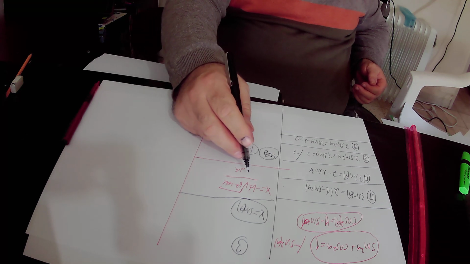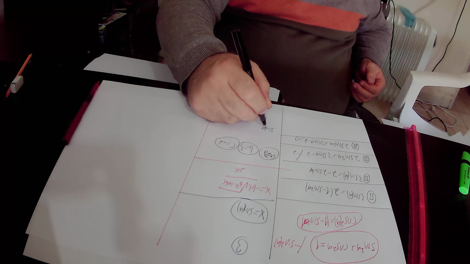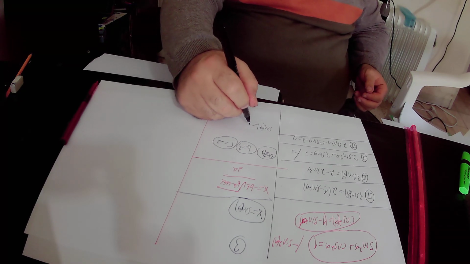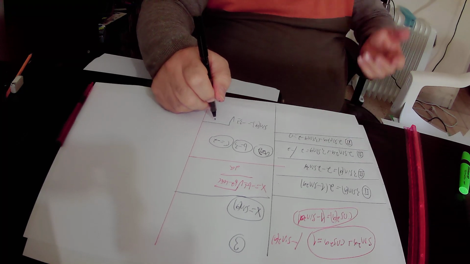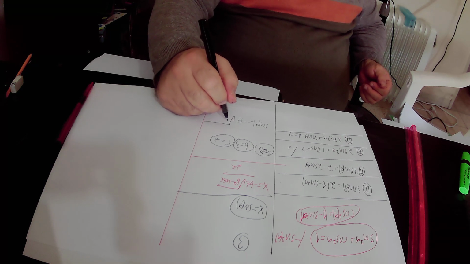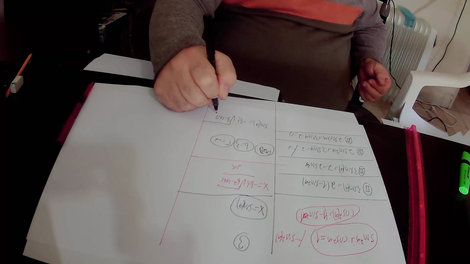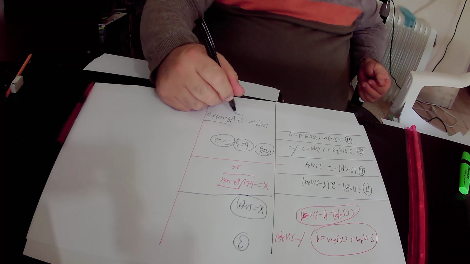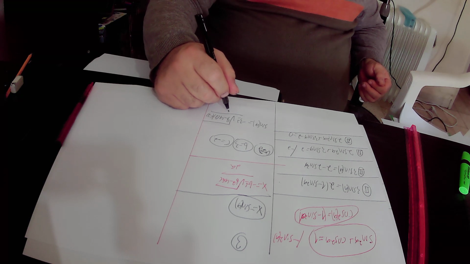So we'll put the data inside this formula, and we get that sine alpha equals minus b. b equals 3, so minus b is minus 3, plus minus square root of b squared. b is 3, so b squared is 3 squared, that is 9. Minus 4 times a is 2, so minus 4 times 2, times c is minus 2, over 2a. a equals 2, so 2 times 2 is 4.